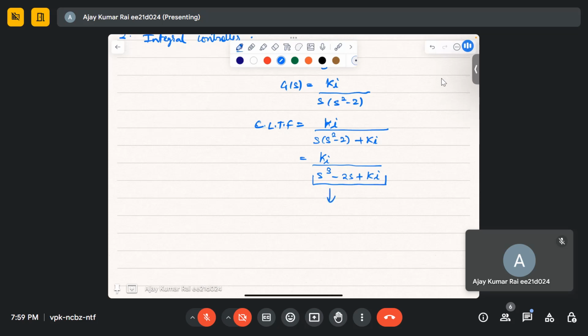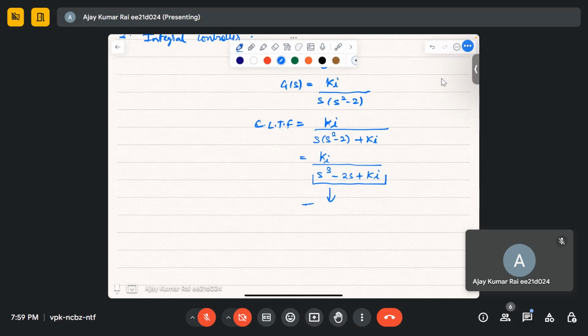For this particular polynomial, one of the coefficients is negative, minus 2, so one pole will lie in the right hand side. I'm not doing that analysis; we'll study it next week, why this will be unstable. I'm just directly writing that one pole will lie in the RHS, so that's why this is an unstable system.